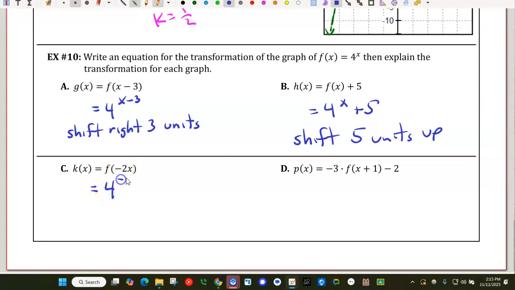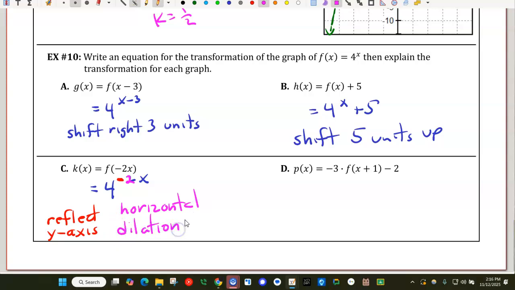Then we have 4 to the -2x, which we did earlier. So there's two things, right? The negative and the 2 do two different things. Negative is -x and just 2x. So the negative, right, reflect y-axis, while the 2 horizontal dilation.